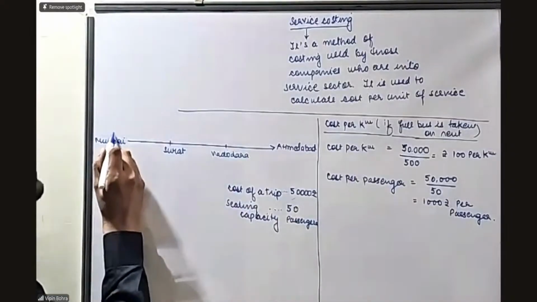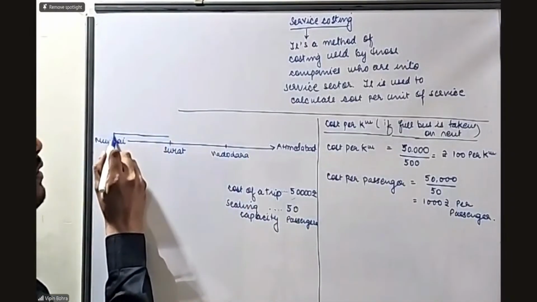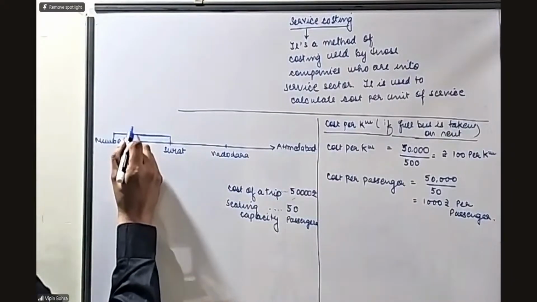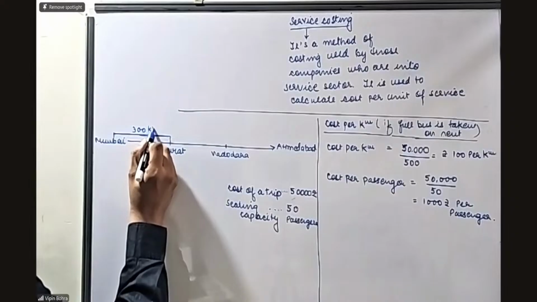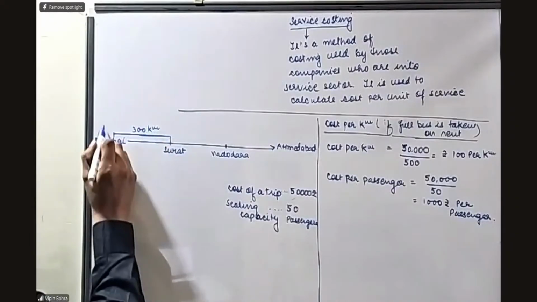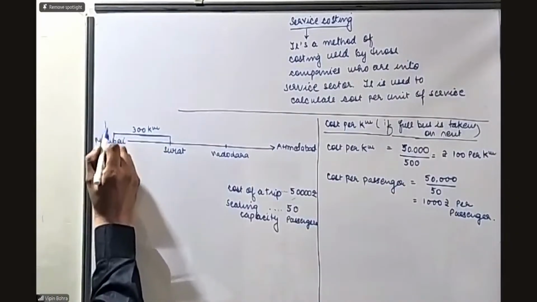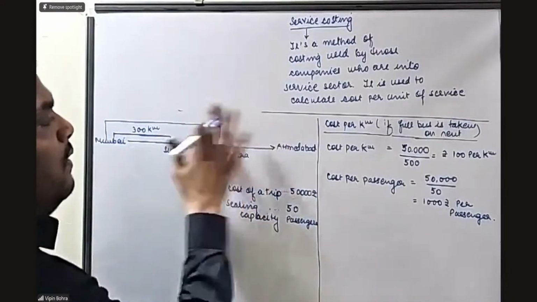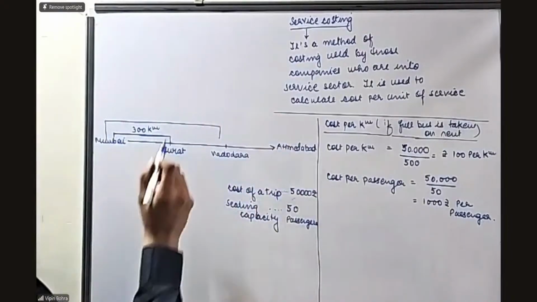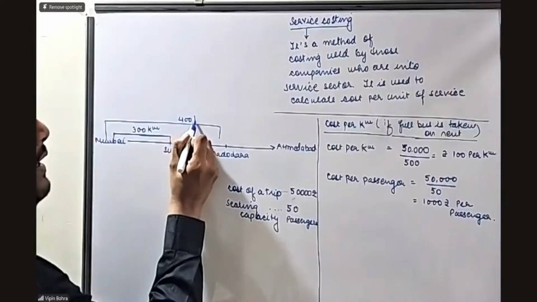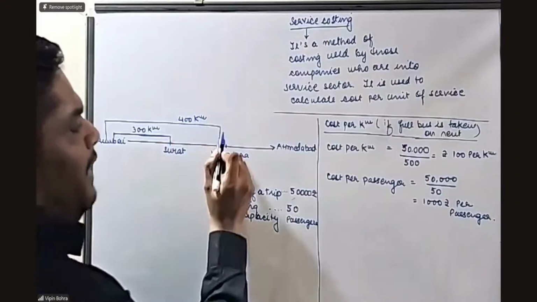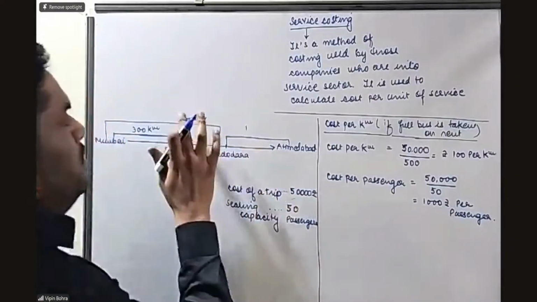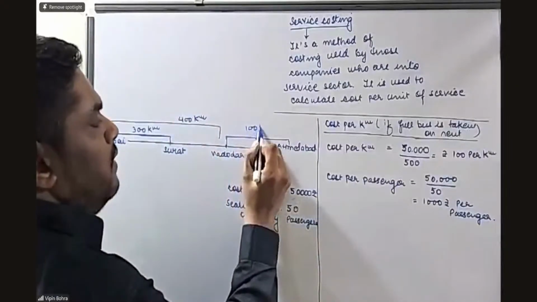When talking about the distance, from Mumbai to Surat let's say it is 300 kilometers. From Mumbai to Vadodara, let's say it is 400 kilometers. And from Vadodara to Ahmedabad, let's say 100 kilometers.